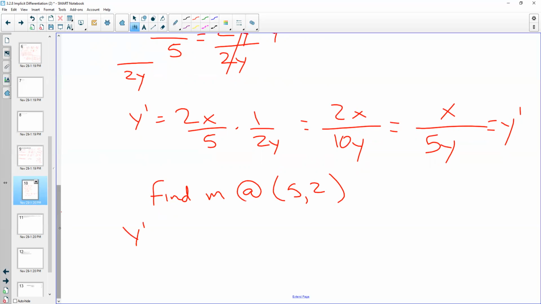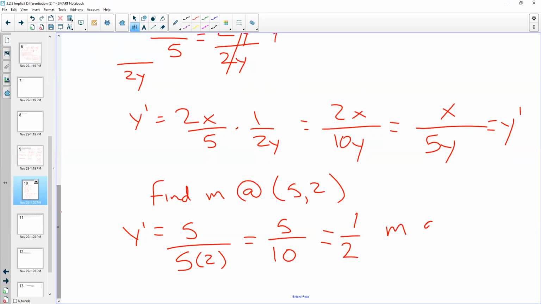So y prime at (5, 2) is equal to 5 over 5 times 2, which is equal to 5 over 10, which is equal to 1 over 2. So m at (5, 2).